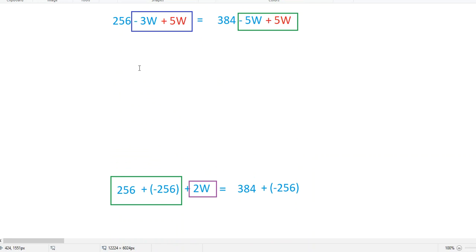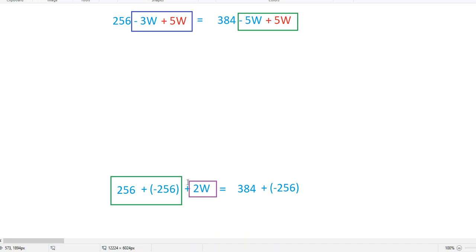Because we have the variable on the left, I want to get rid of the constant on the left and move all the constants over to the right. So this is 256. What do we do to do the opposite? We add its opposite: we add negative 256 to both sides. Remember, we do it to one side, we've got to do it to the other.